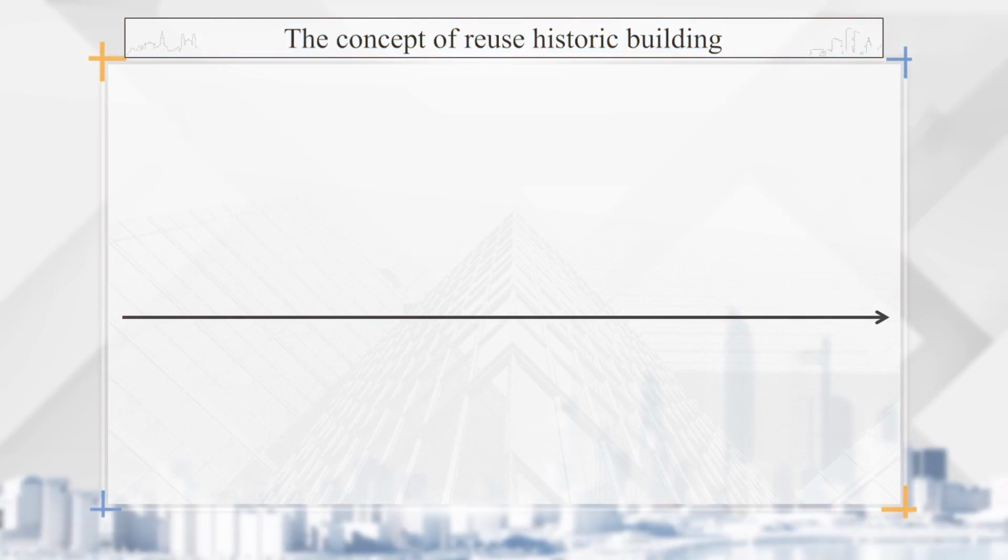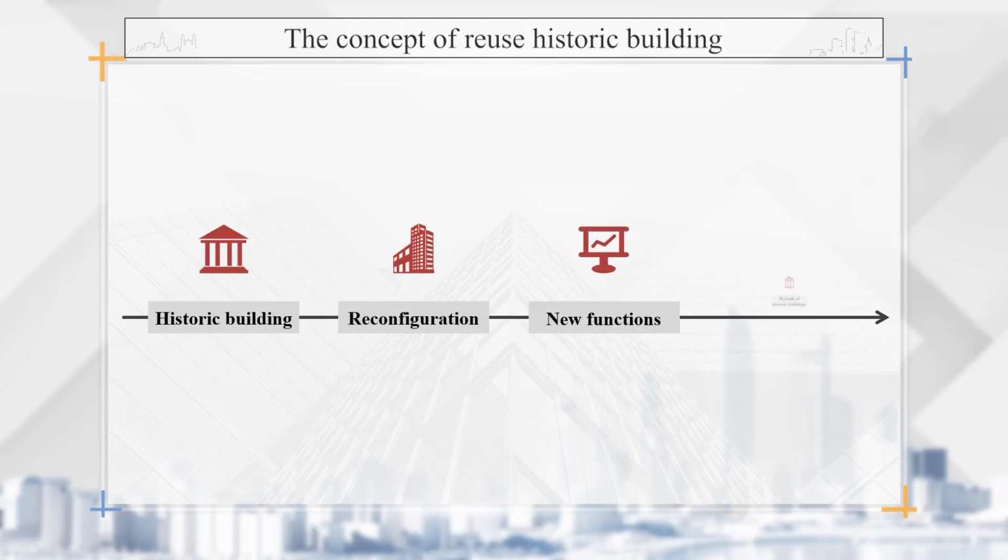Here, let's go a little further on the concept of reuse. It is to carry on new functions of a historic building or reconstruction so that the historical building can extend its mission as use space, thereby extending its life and meaning.